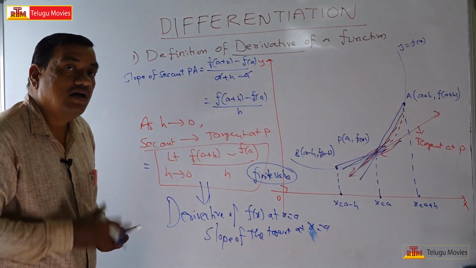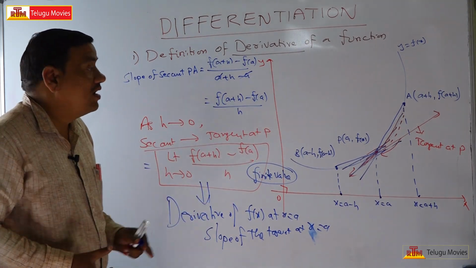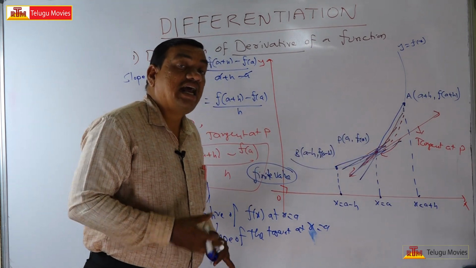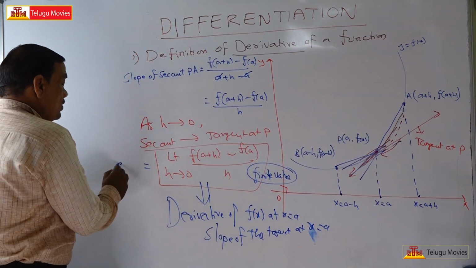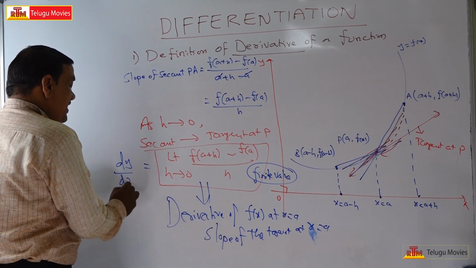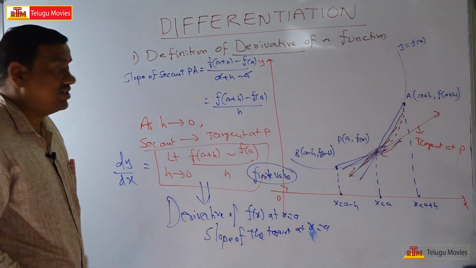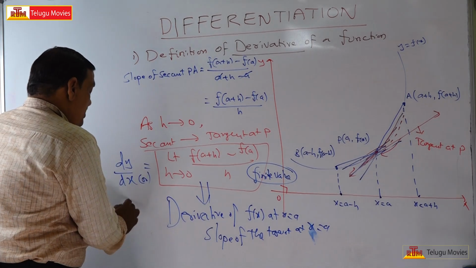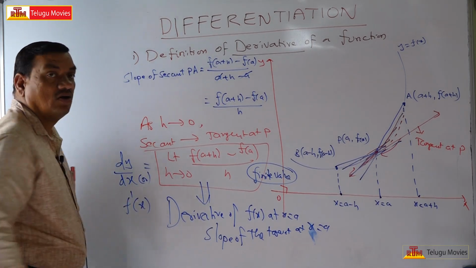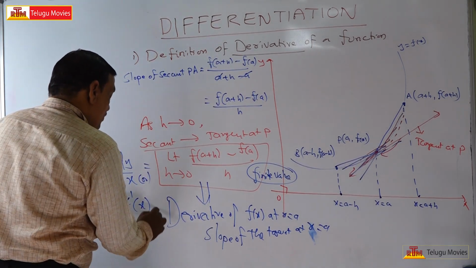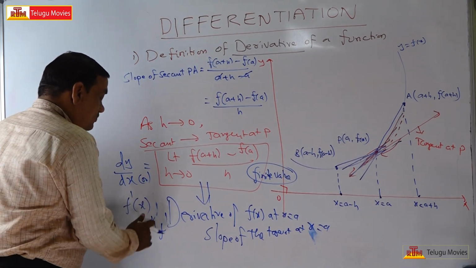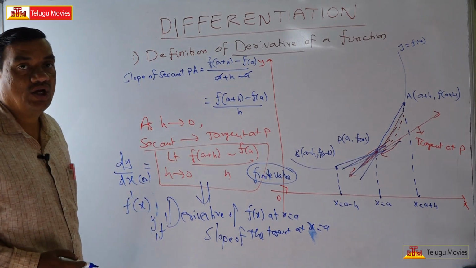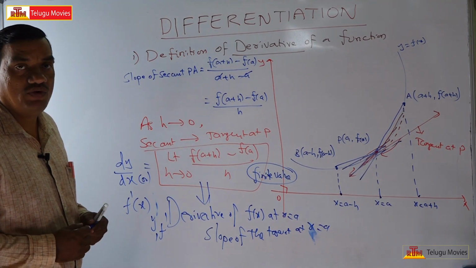That output will give the slope of the tangent at the point x is equal to a. This is denoted as dy by dx, just a notation, or f dash of x, or simply y dash, y1, like that also we will denote.